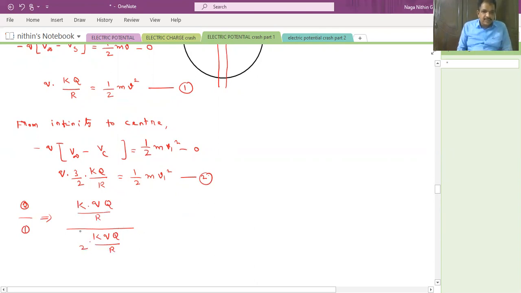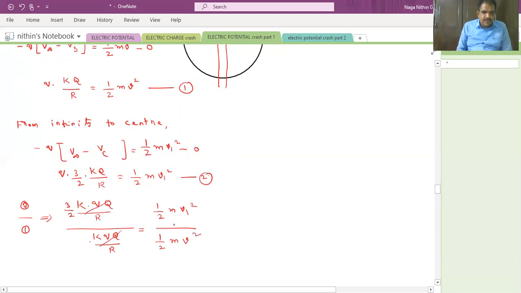So 3 by 2 will come, which is equal to half m V1 square by half m v square.